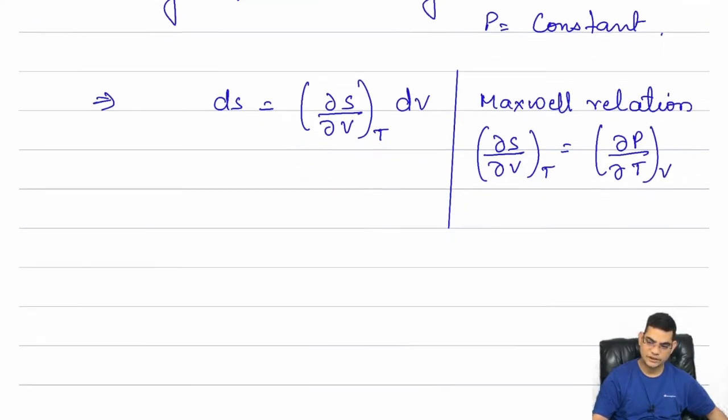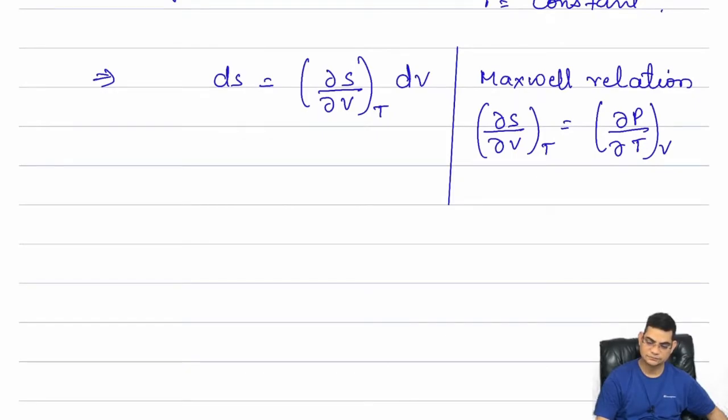So we can write delta S is equal to dP upon dT into delta V. That can be written as dP upon dT is equal to delta S upon delta V.